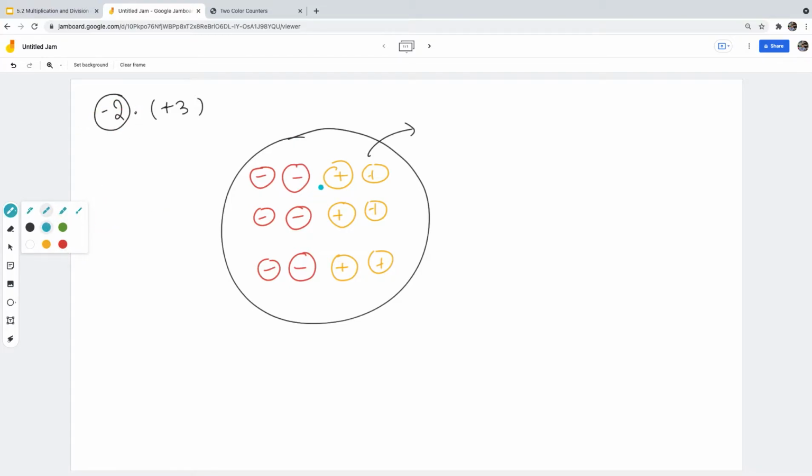I have one group of 3, I can take it out, right? This negative means take out. One group and two groups, I can take them out. Then what is left? These are taken out. So I have 6 negative chips left. So the answer here is negative 6.